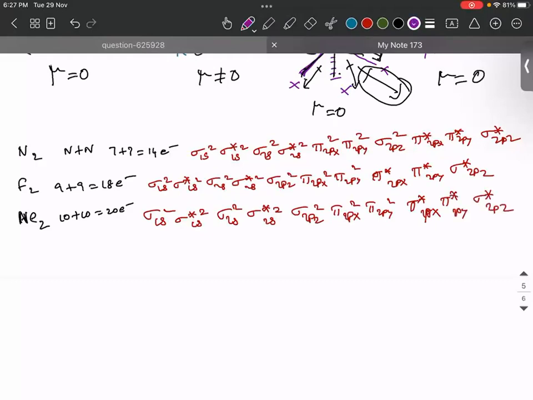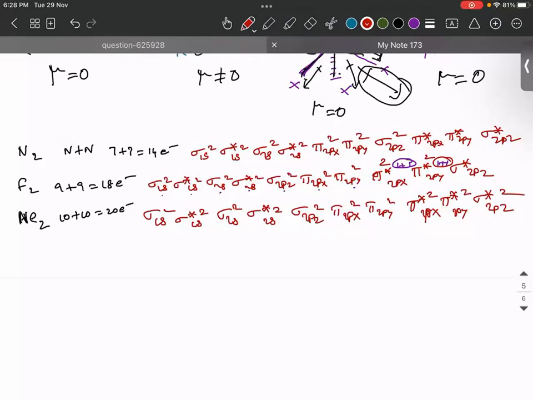Now for 18 electrons: 2, 4, 6, 8, 10, 12, 14, so the remaining 4 are there. 14, 15, 16, 17, 18. So it becomes 2, it becomes 2. Okay, so 2, 4, 6, 8, 10, 12, 14, 16, 18, 20.